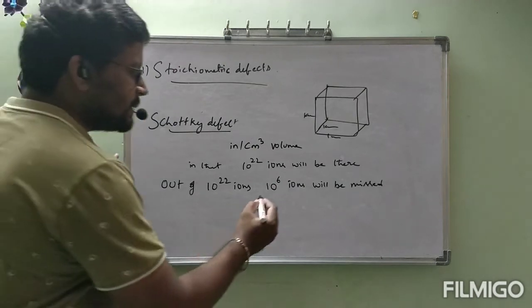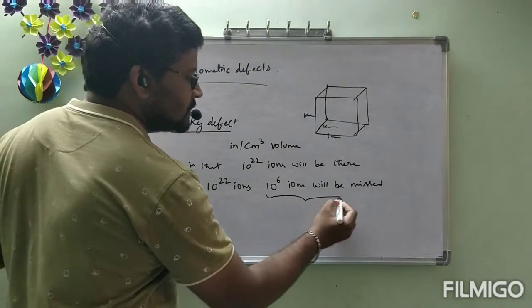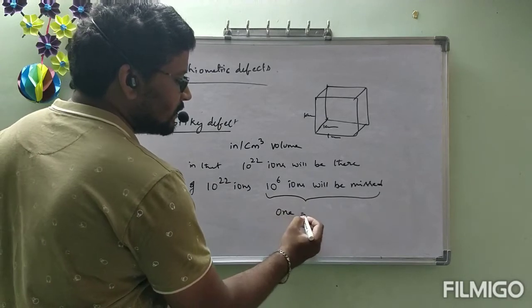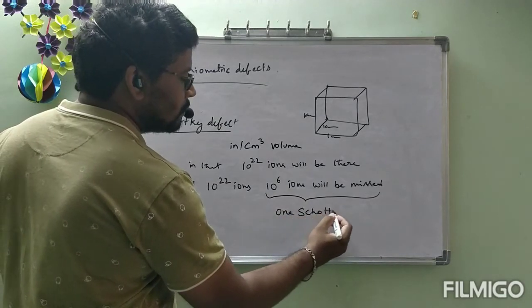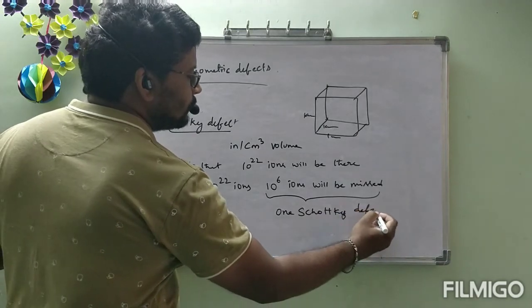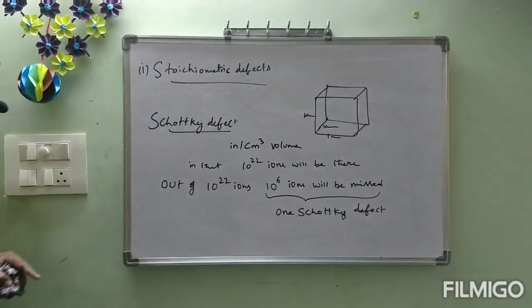This 10 power 6 ions which are missed is called one Schottky defect. This is a simple thing, not that much important.